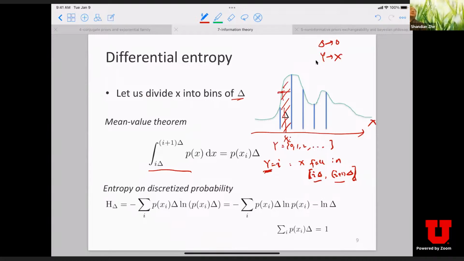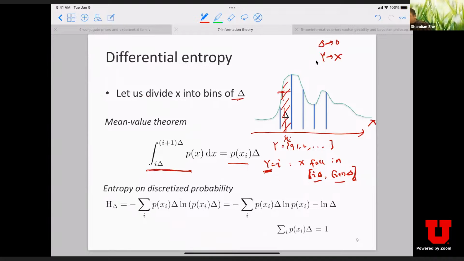So we can represent the probability that X falls in the i-th bin by p(x_i) times the bin size delta.